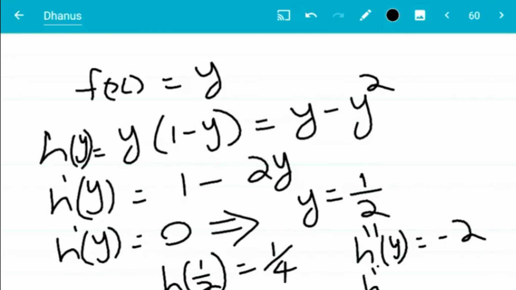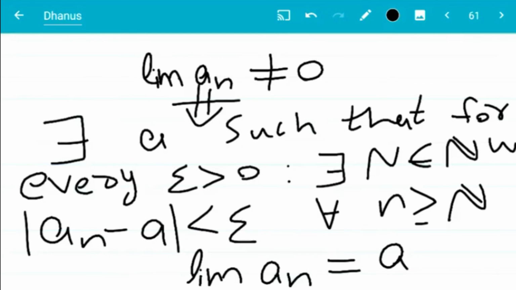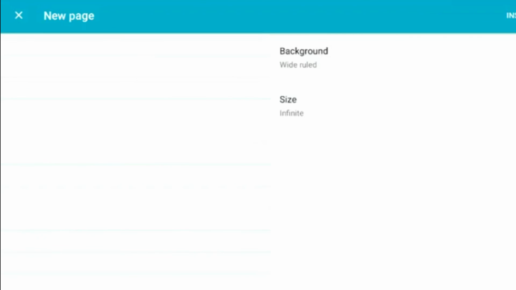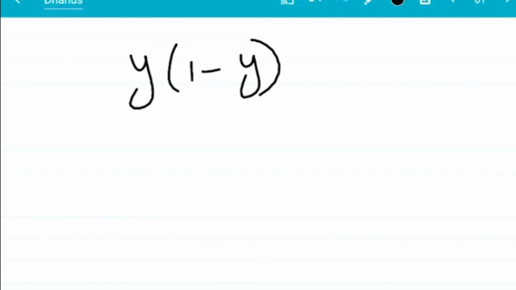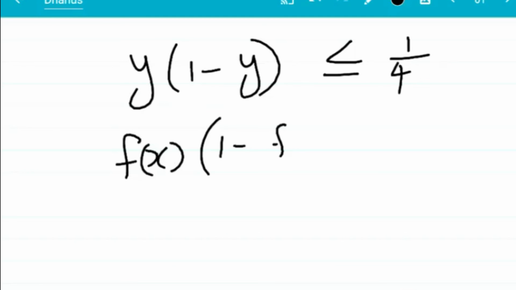That is, h of 1 by 2 equal to 1 by 4 is the maximum value that can be obtained, so y into 1 minus y is less than or equal to 1 by 4. That's why f of x into 1 minus f of x, which is also a real number, is less than or equal to 1 by 4.